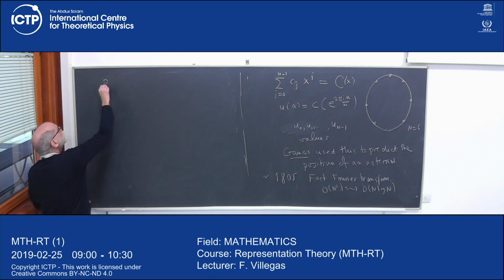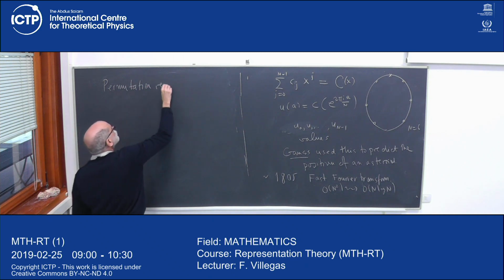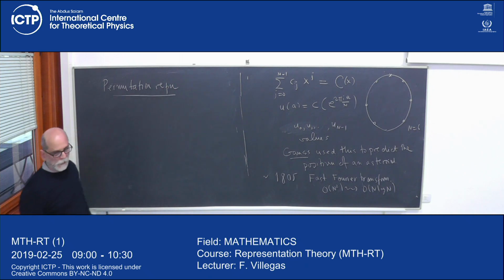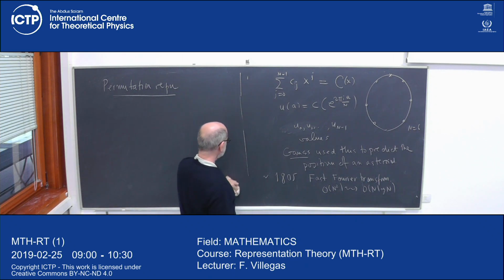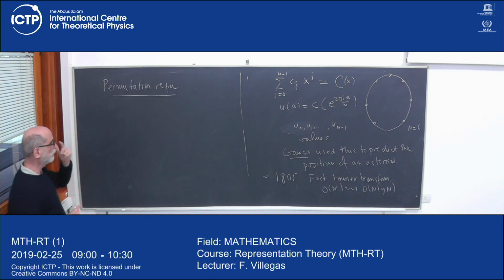Let's go back to permutation representations, because these appear quite often. And so even though we're going to deal with linear representations, these are the ones that maybe show up.